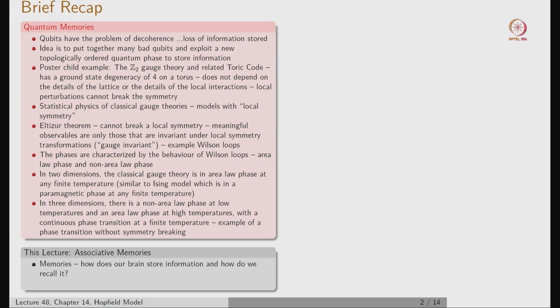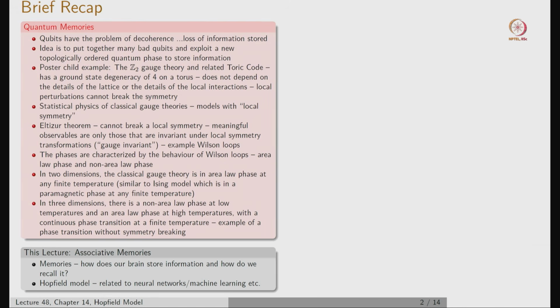What we are going to discuss today is just again to whet your appetite to explore further. We are going to discuss what are called associative memories, and I will show you that the kind of models that we discussed in this course will be useful in understanding ideas and formulating problems in the area of neural networks and artificial intelligence.